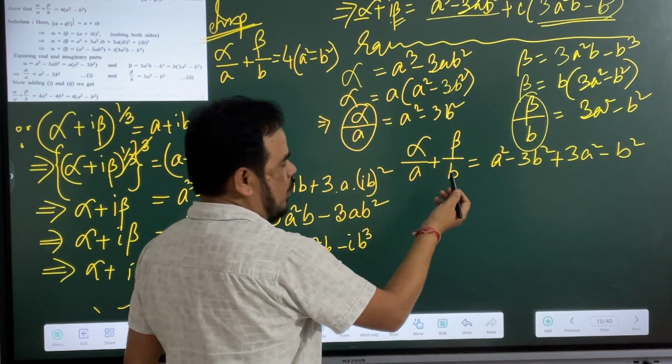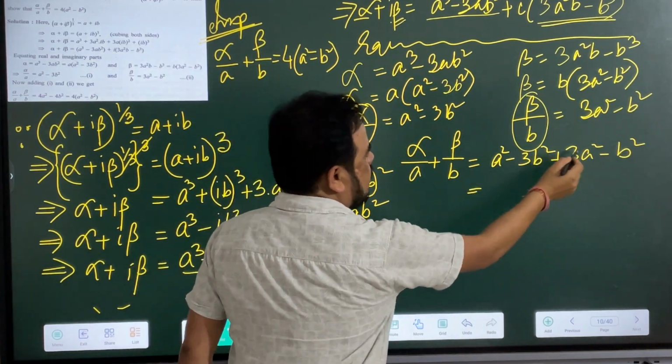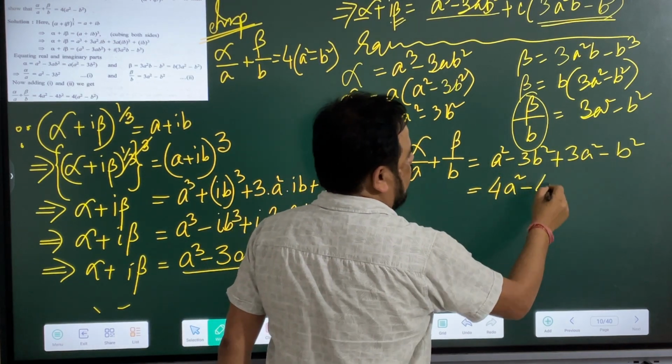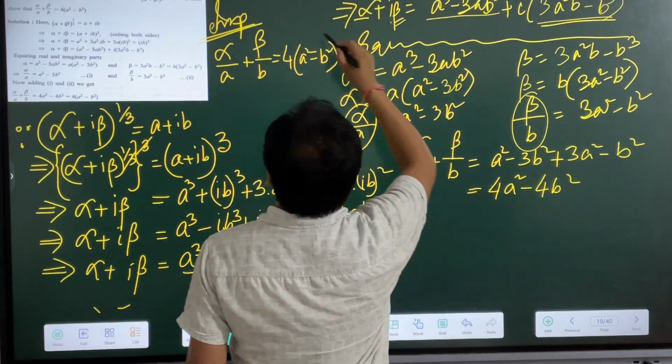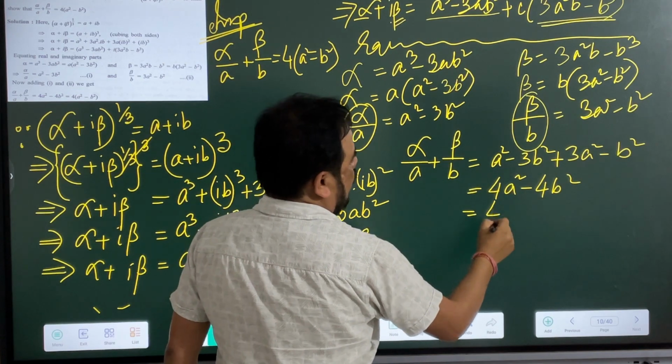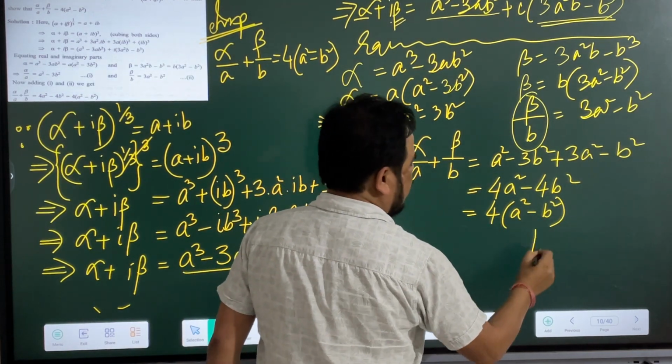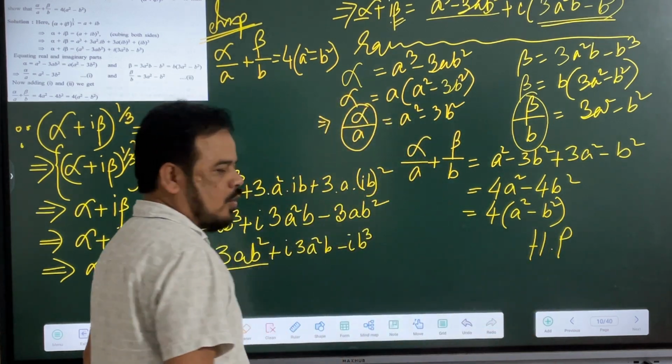Just putting the value, nothing more. So a square plus 3a square, 4a square, minus 3b square minus b square, 4b square. 4 can be taken common, a square minus b square. So hence proved.